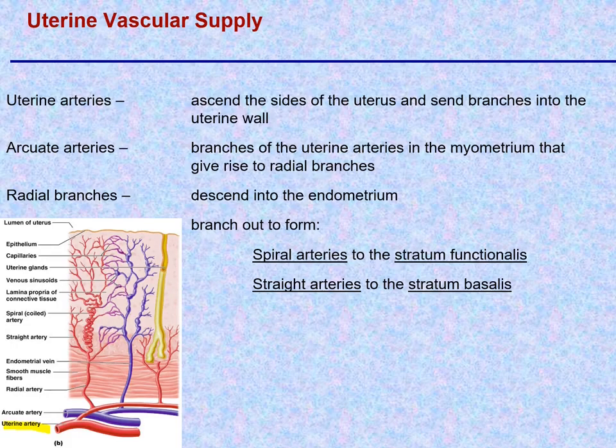So there's a main uterine artery, and there's a branch, the arcuate artery.